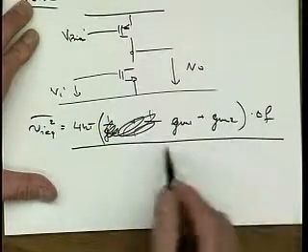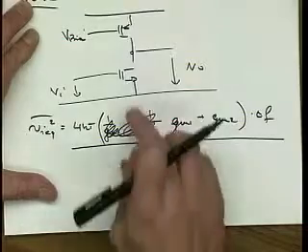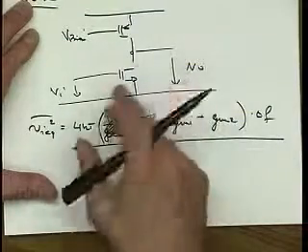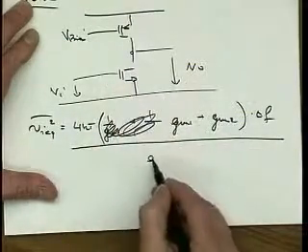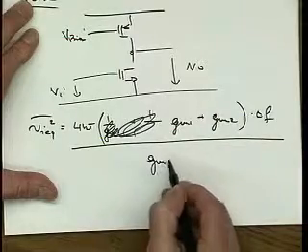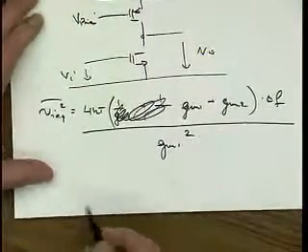To get this at the input, we simply divide by the gain of this amplifier, which is GM1, so this divided by GM1 squared.